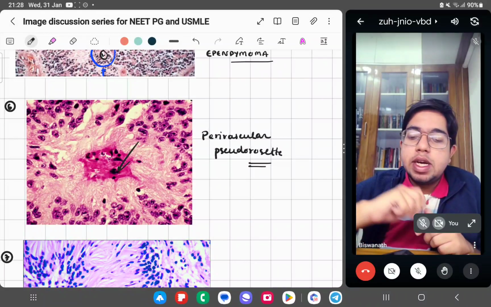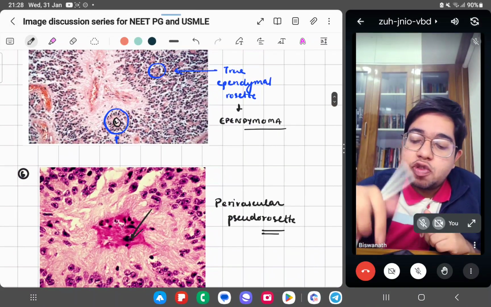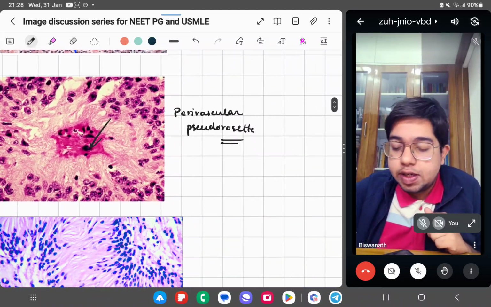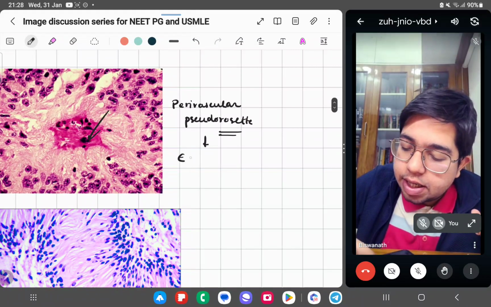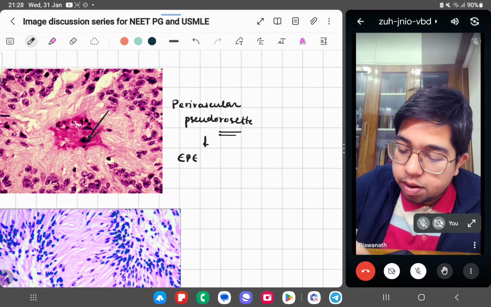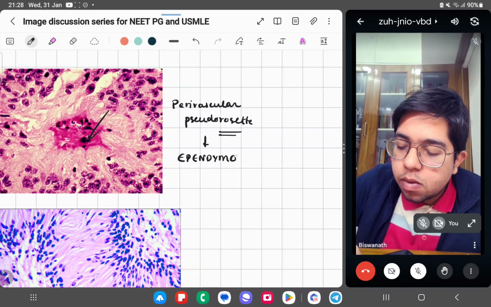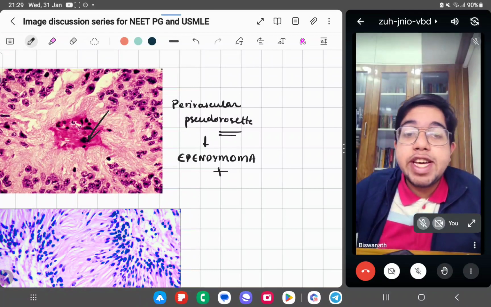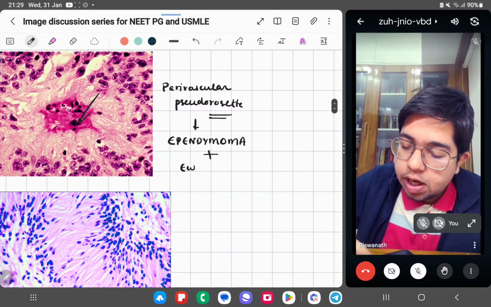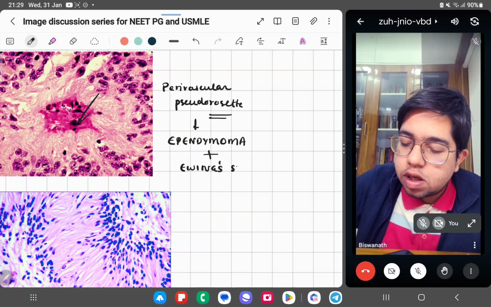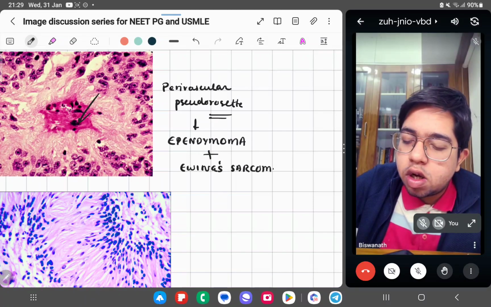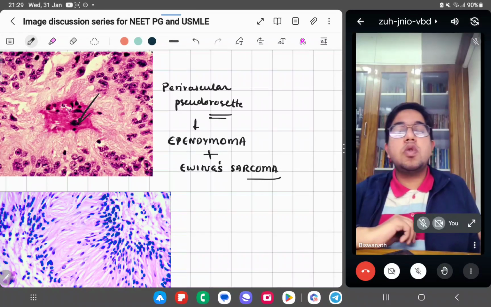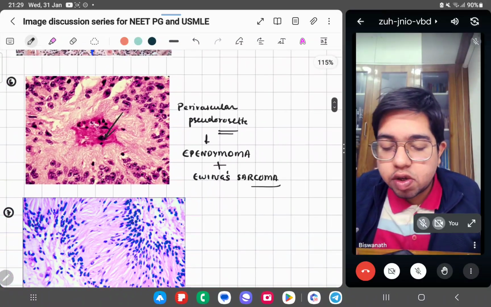One of them is the same ependymoma in which you find the true ependymal rosettes. It is also found in ependymoma, plus another disorder, which is Ewing's sarcoma. So these are the two disorders with perivascular pseudorosette.